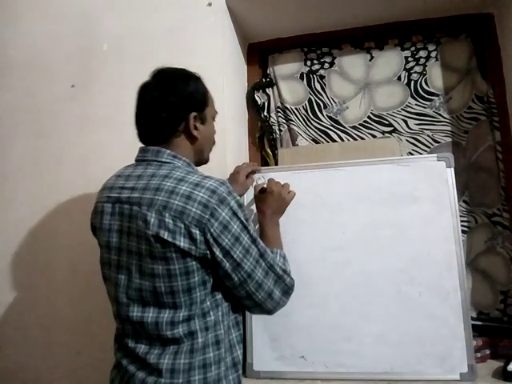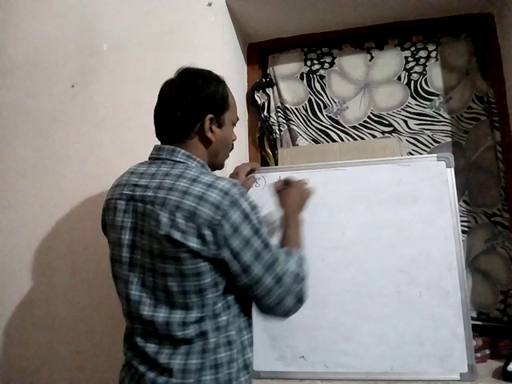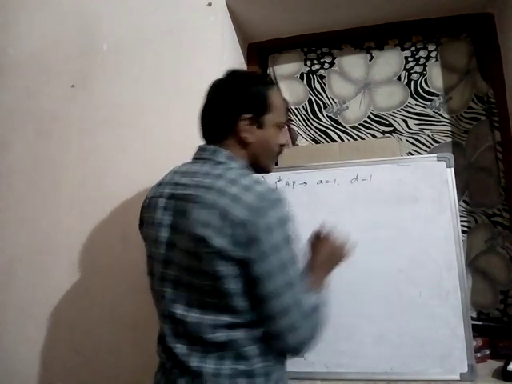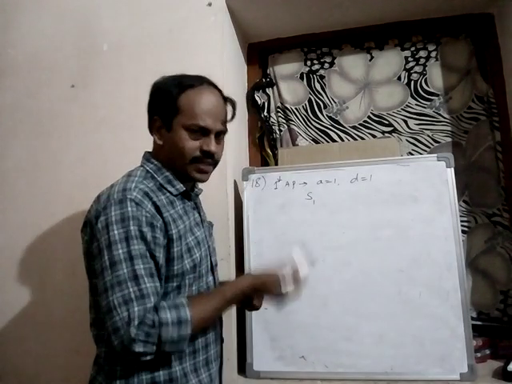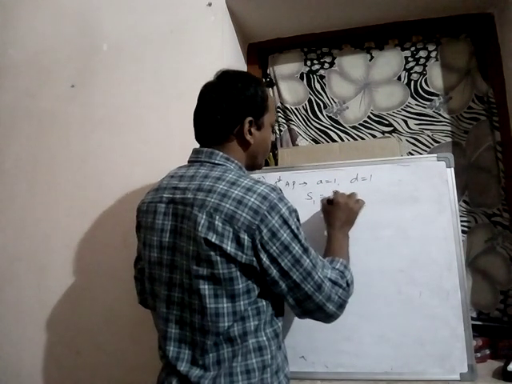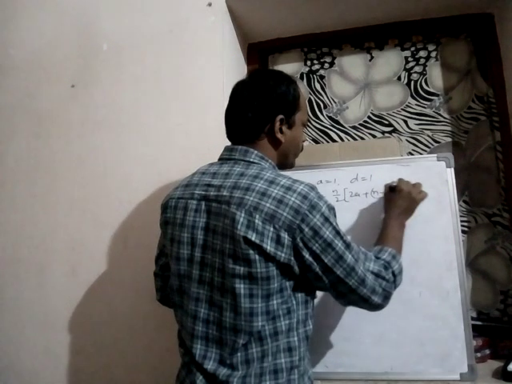So first AP: A is equal to 1, D is equal to 1. Sum of n terms, generally Sn, but we denote it with S1. It is n by 2 of (2a plus (n minus 1) into d).